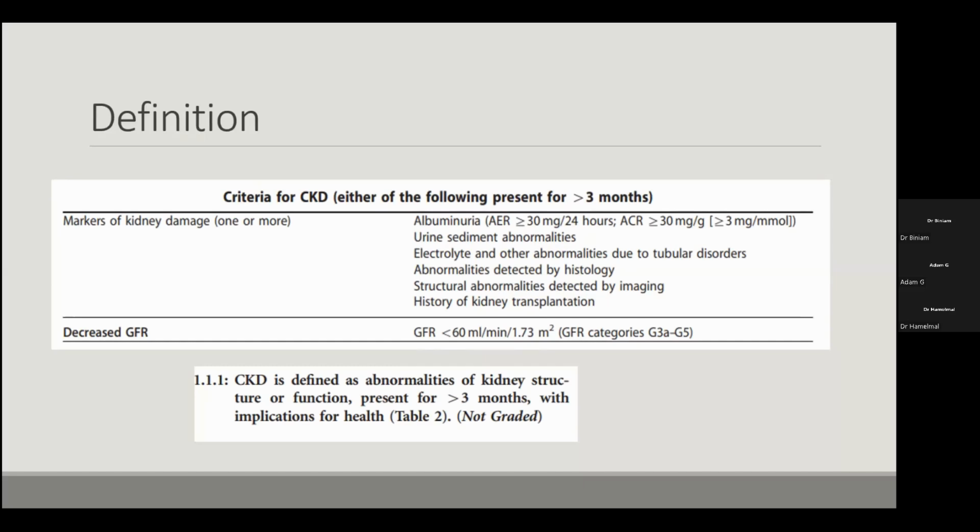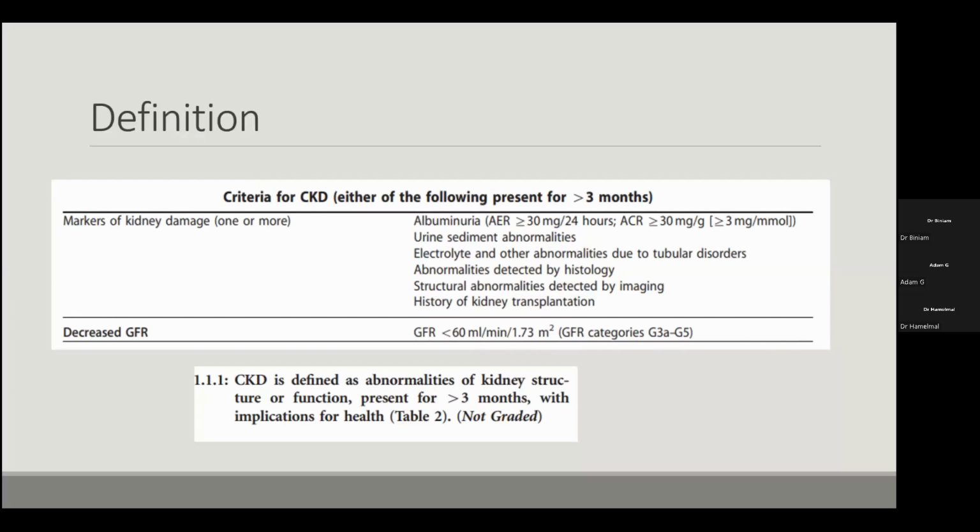What we mean by markers of kidney damage is proteinuria. So we'll classify albuminuria later on. Urine sediment abnormalities like RBCs in the urine, RBC casts, dysmorphic RBCs, any urine activity when it comes especially to RBCs and sometimes WBCs, depending on the pathology we are thinking.